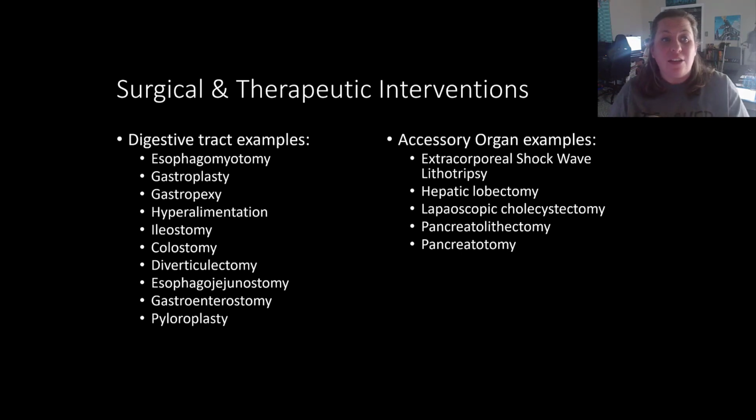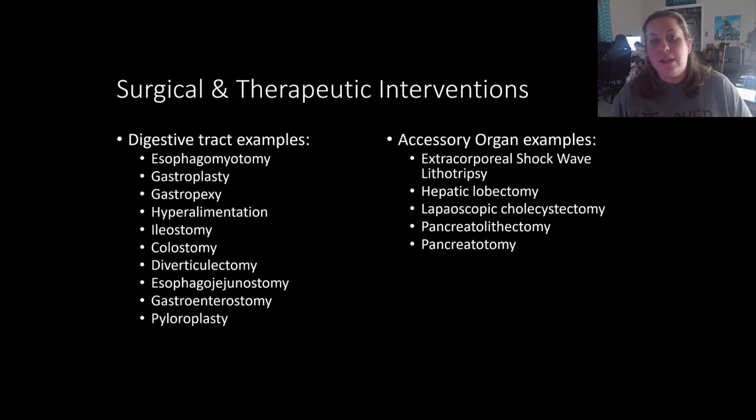You could also have a gastroplasty, which is like a surgical repair of the stomach. We could also have a gastropexy, hyperalimentation, an ileostomy, a colostomy, diverticulectomy. So we've got these over and over again where we can go in and surgically repair or treat these areas.